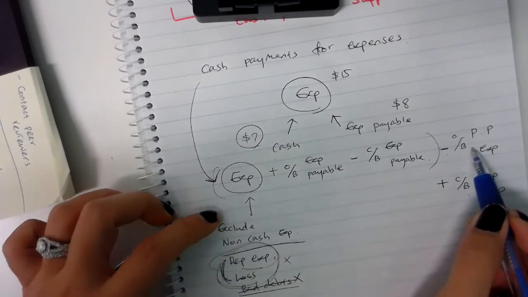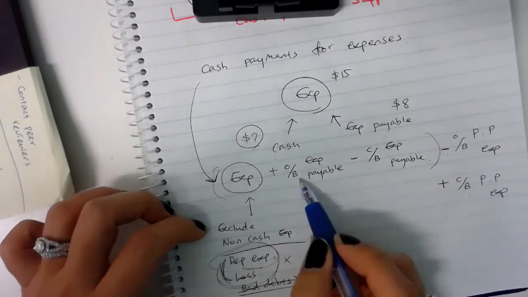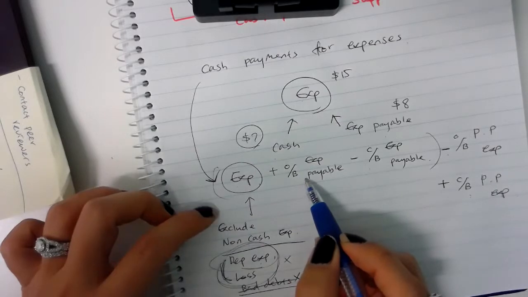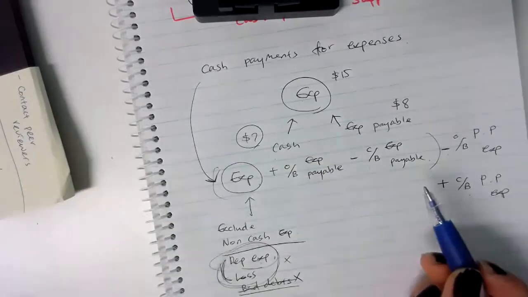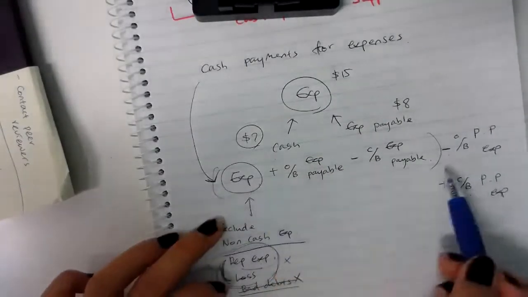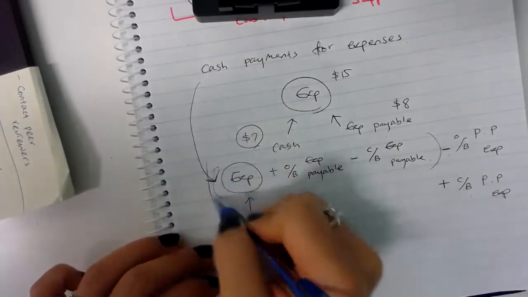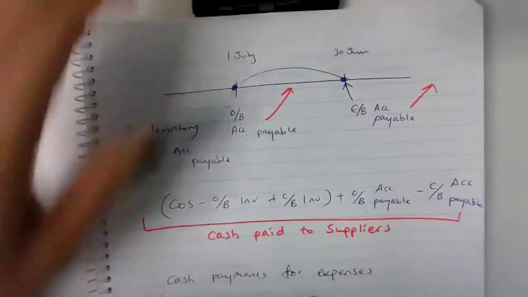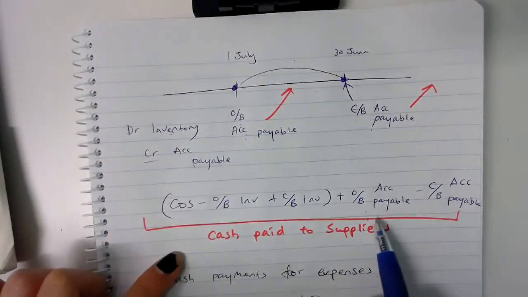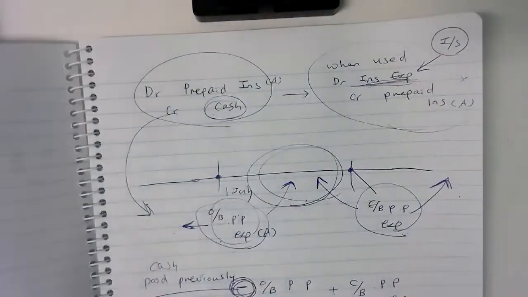Opening expense payable means it was incurred last year and will be paid in the current year. Closing expense payable means it will not be paid in the current year. That's why we take it away. So by doing this, you can work out cash payments for expenses. Once you have done this, you add this with this. That's how you can work out cash payments to suppliers and other expenses.